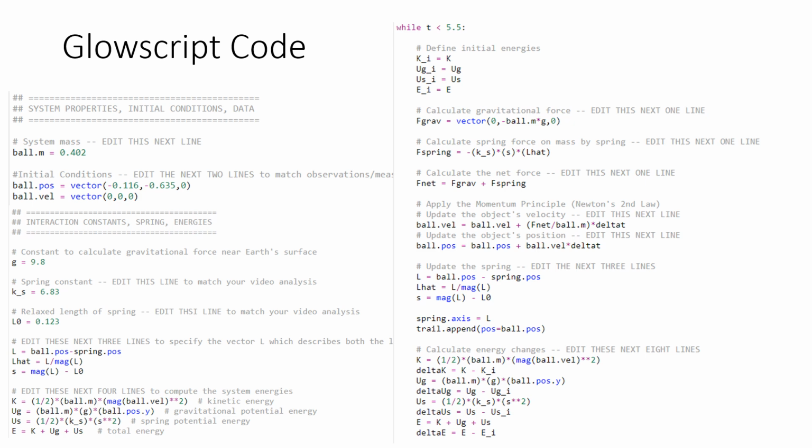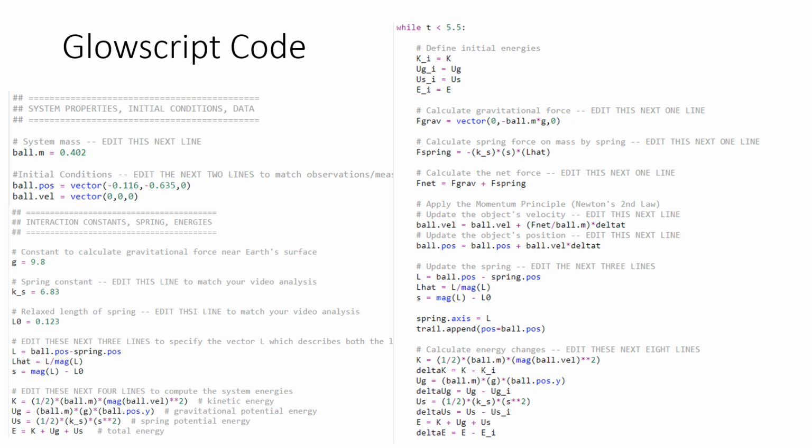And then down below that, we have L equal to the position of the ball minus the position of the spring. L hat is L over the magnitude of L, and then S is the magnitude of L minus L naught. And then we have the formulas to find the kinetic energy, gravitational potential, and spring potential energies, and then we add those up to get the total energy.